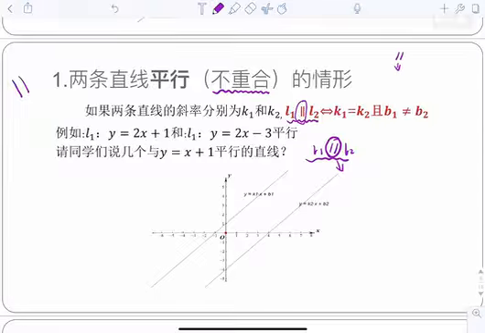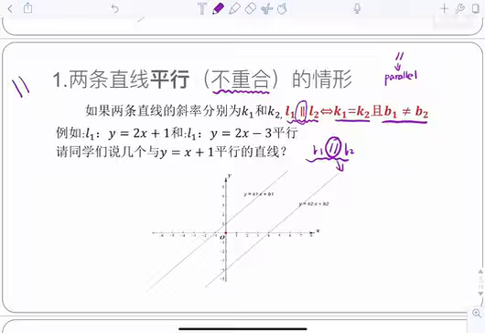This means parallel. So when L1 is parallel to L2, this means K1 equal to K2 and B1 not equal to B2. So if I tell you two lines and you find K1 equal to K2 and B1 not equal to B2, you can say these two lines are parallel.